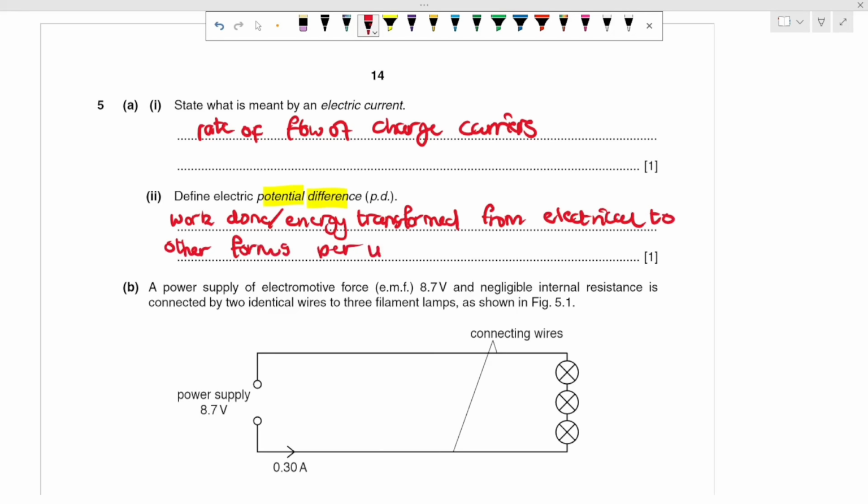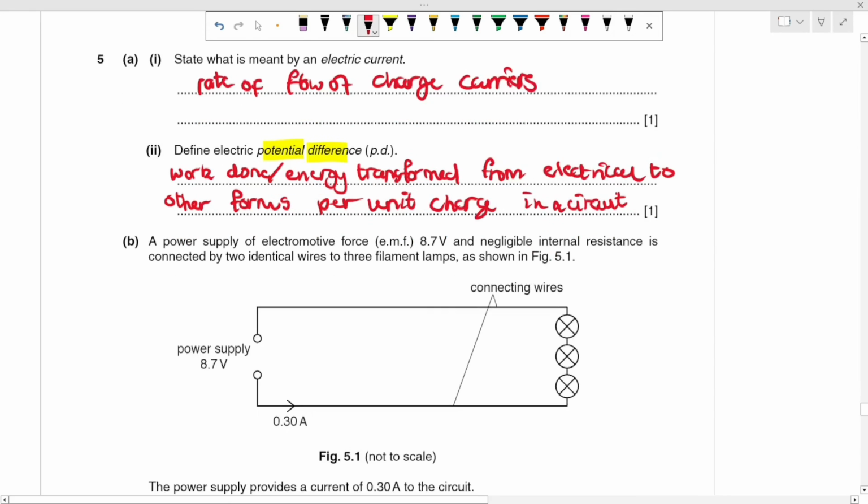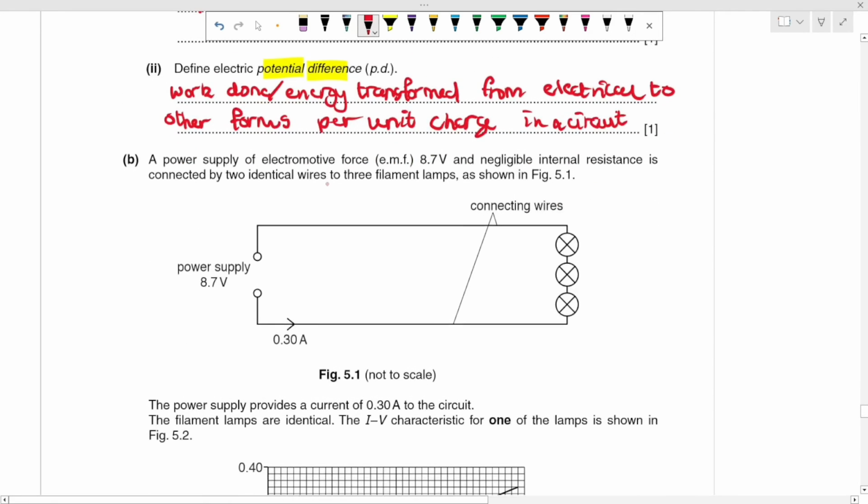So what is the work or the energy transformed from electrical? It goes from electricity, it can go to light, it can go to heat, per unit charge in an electric circuit. That is basically electric potential difference.